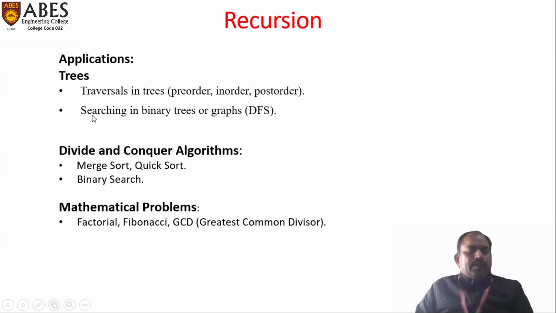Similarly, when dealing with binary search trees or graphs, we also meet these algorithms recursively. Secondly, we can see a recursive approach in merge sort, quick sort, and binary search. Various mathematical problems like factorial, Fibonacci, and greatest common divisor, that is GCD, can also be solved by recursion.